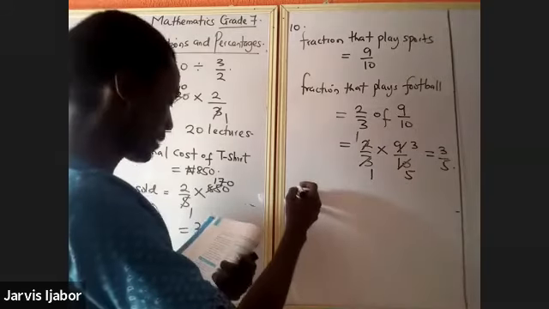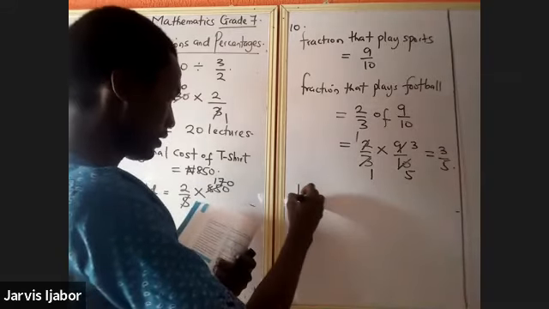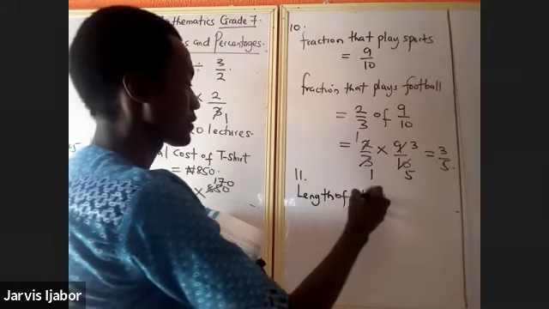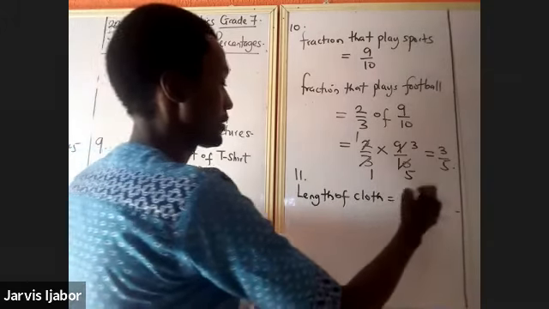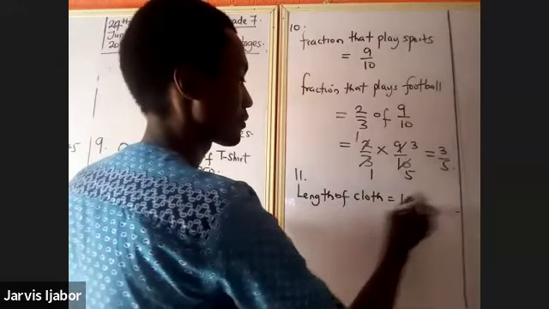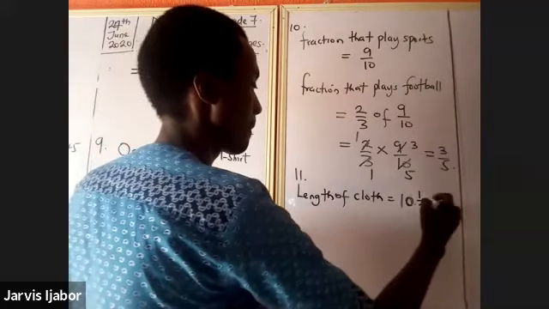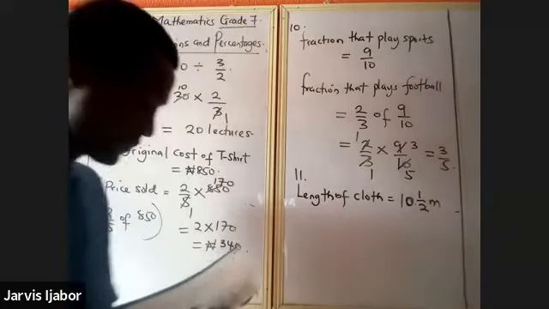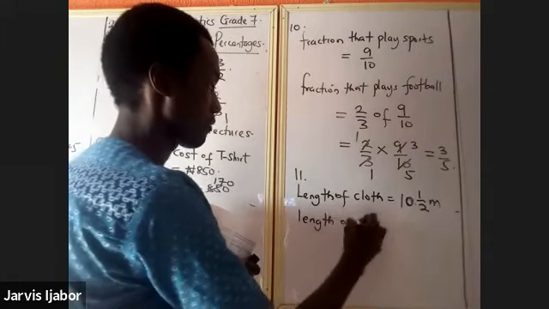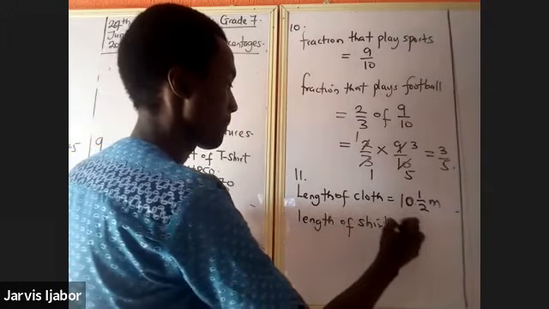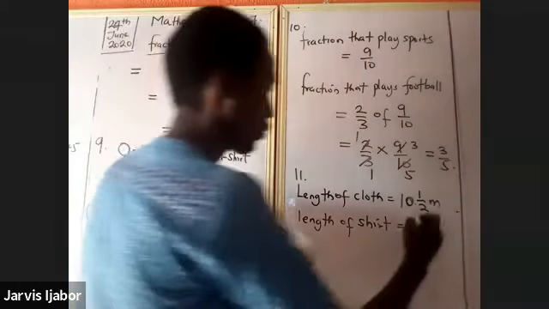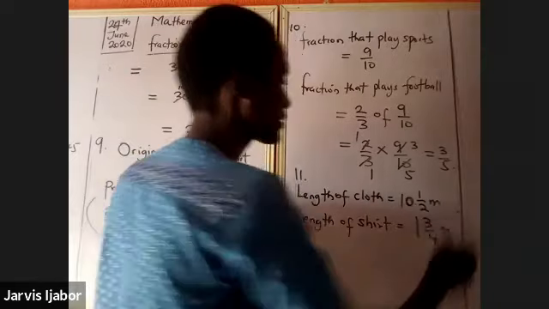So the length of cloth is 10.5 meters, then the length of a shirt is going to be 3/4 meters.